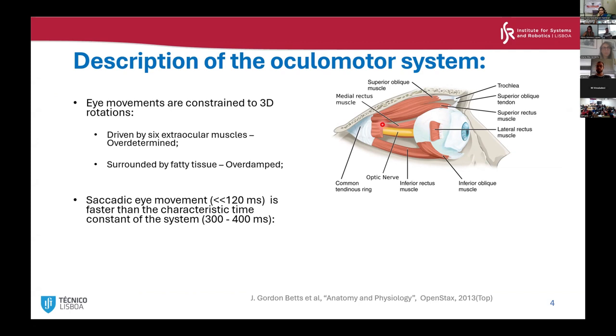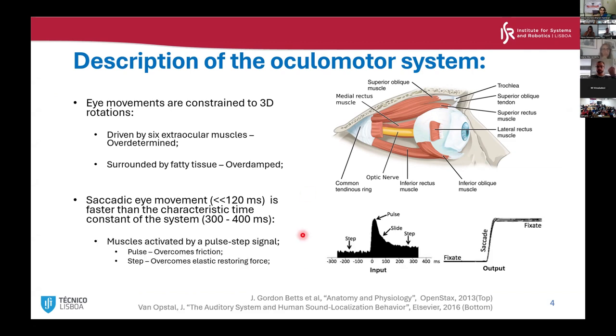This behavior is actually induced by a particular activation signal that is applied to the muscles by the brain, which has a particular shape. It has this pulse step shape here, which allows the muscles in the system to both overcome friction and elastic restoring forces.